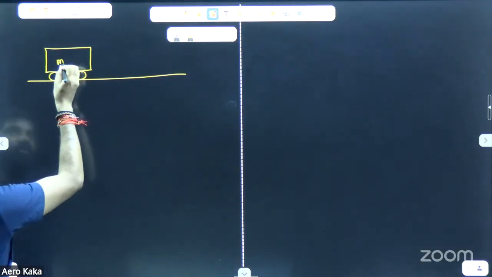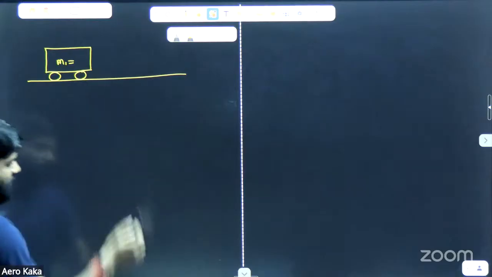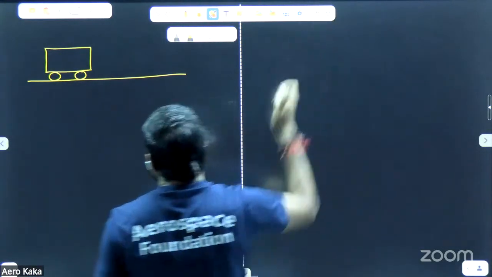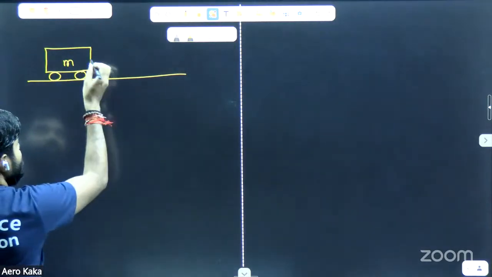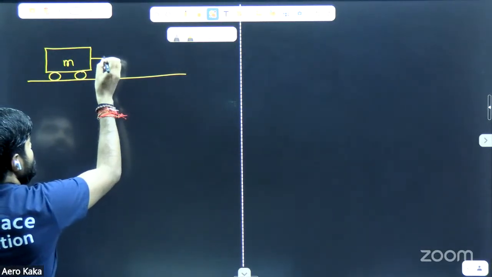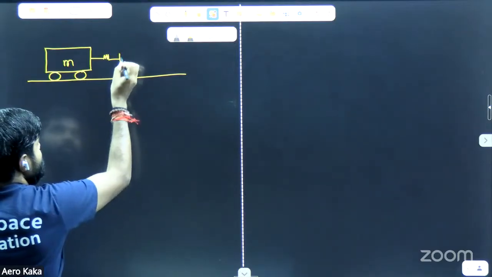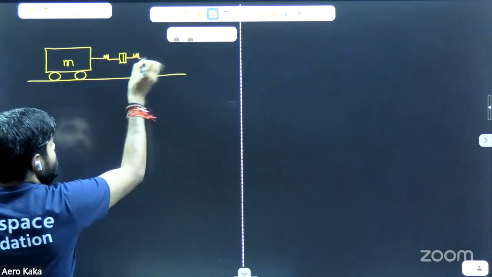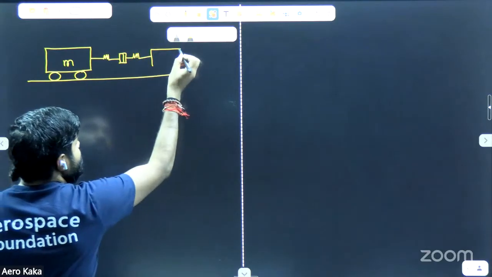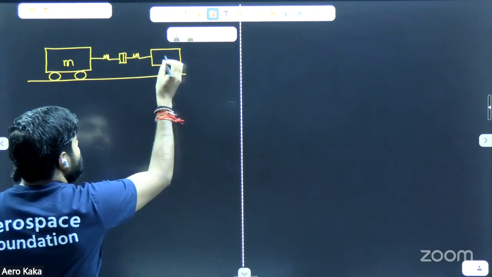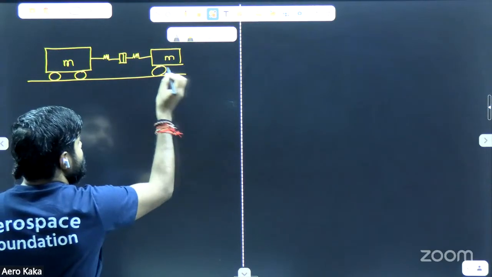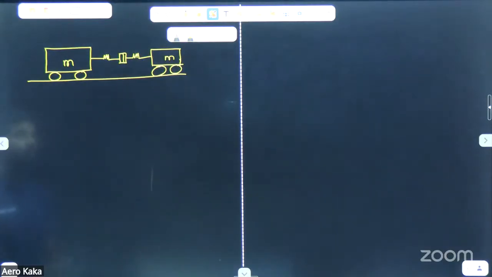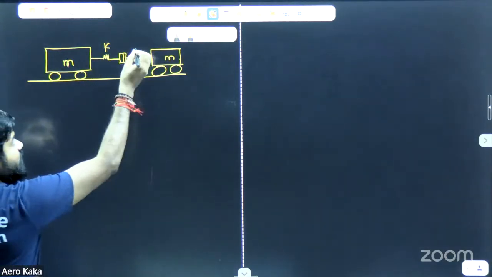Let's say M1 equal to M. Let's say the mass of this bogie is M. Here is a spring. This is a coupling. Again, we have another bogie or coach, something like this. Let's say I'm considering K and K.